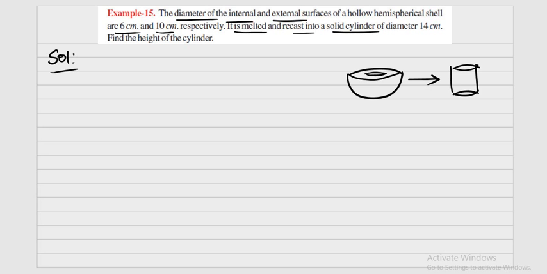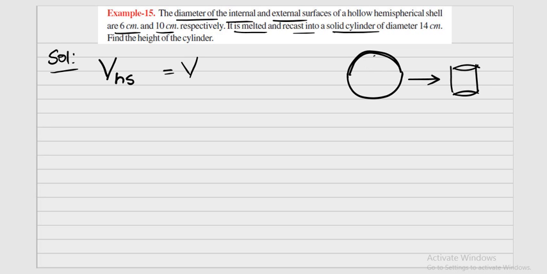Volumes remain constant. So from this, volume of hollow cylinder is equal to volume of hollow sphere. So it is a hollow sphere, no? Since it is a sphere, we need to consider spherical shape, right? So this spherical shape is hollow.